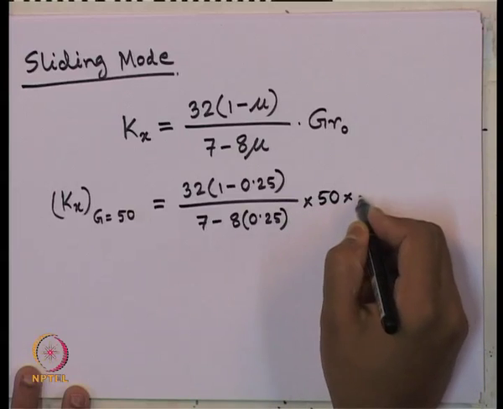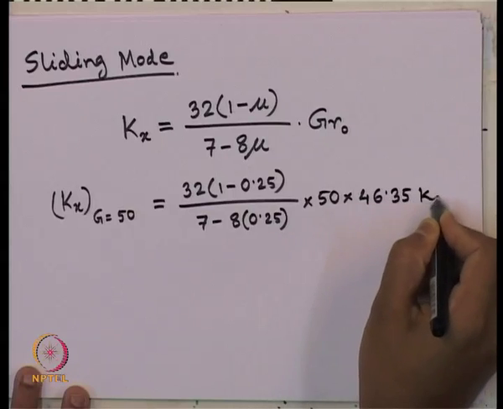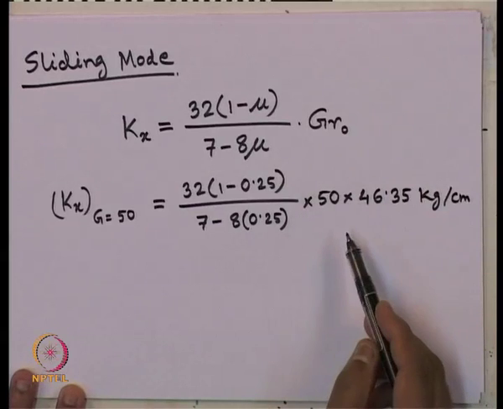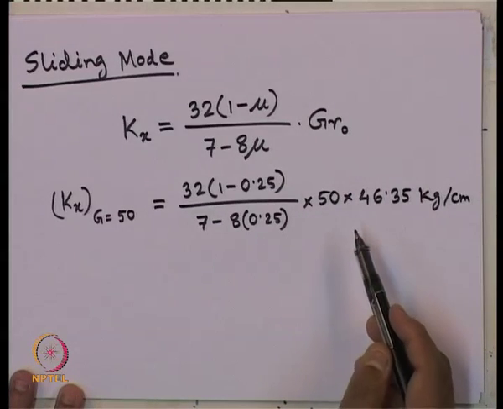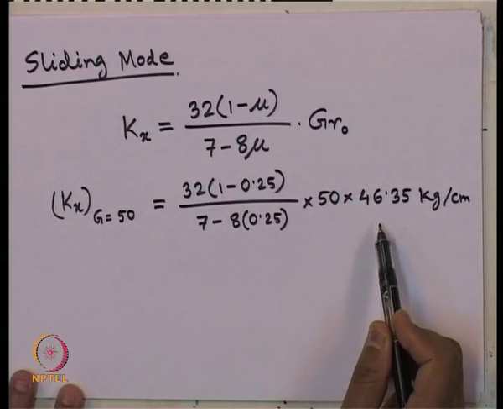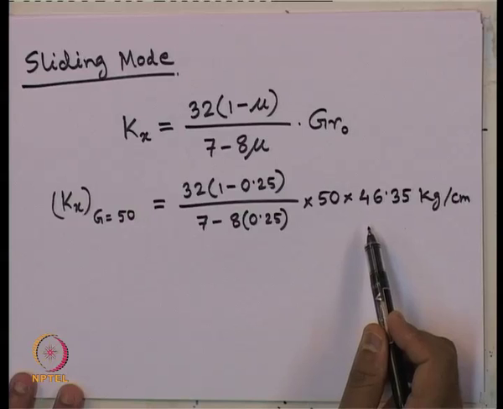R naught, we have already computed, is 46.35 kg per centimeter unit. R naught, the equivalent circular radius, remains the same in both the vertical mode of vibration and the sliding or horizontal mode of vibration.